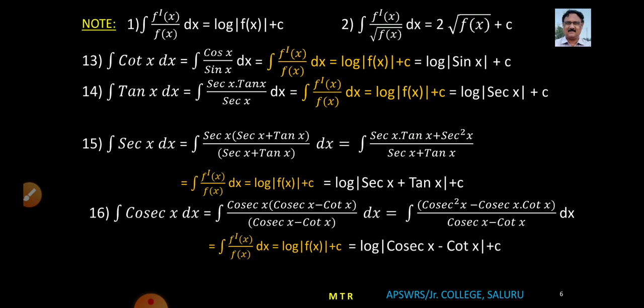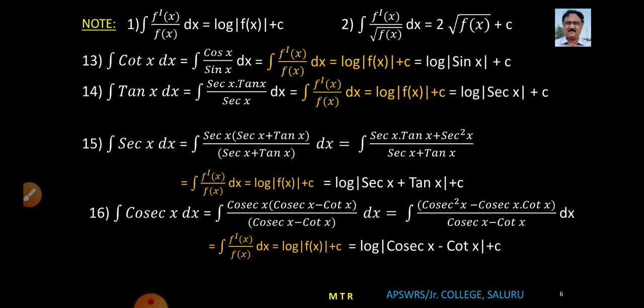For this f dash of x by root f of x dx, the integral is 2 into the denominator only, not log modulus denominator. The denominator is root f of x. So 2 into root f of x plus c. That is the second formula. The first formula is integral f dash of x by f of x dx is log modulus f of x plus c. The second one is integral f dash of x by root f of x dx is equal to 2 root of f of x plus c.